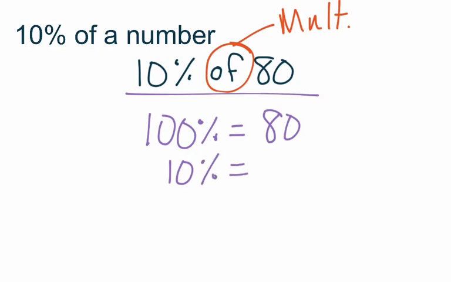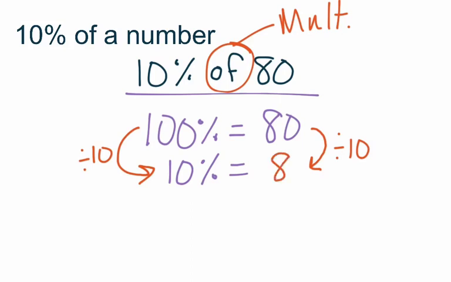Well, how can I go from 100% if we treat this just like the ratio that it is? How do I go from 100% to 10%? Well, I'm going to divide by 10. Okay, what's 80 divided by 10? Oops. 80 divided by 10 is 8. Pretty neat little trick we got there.